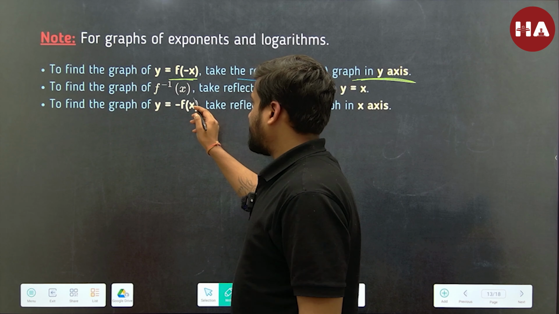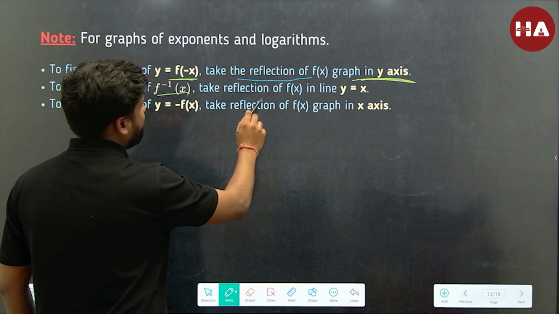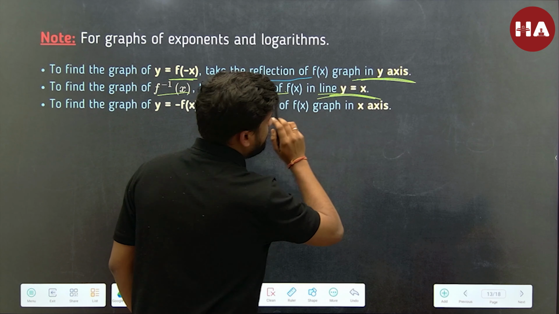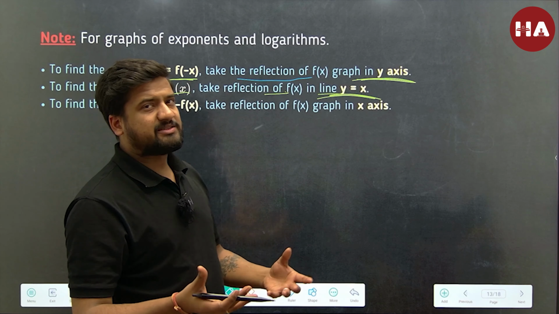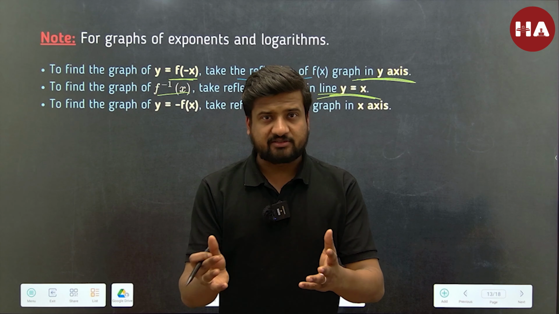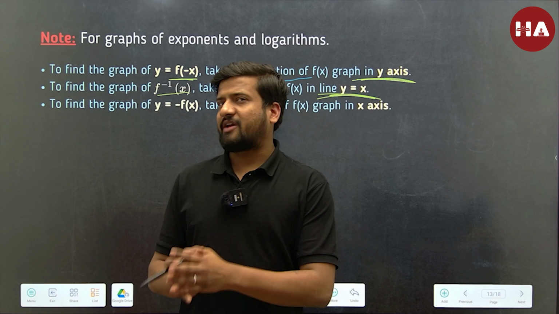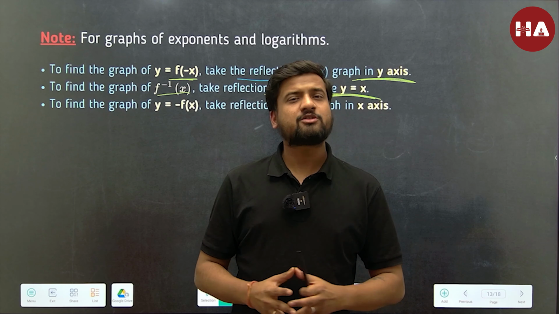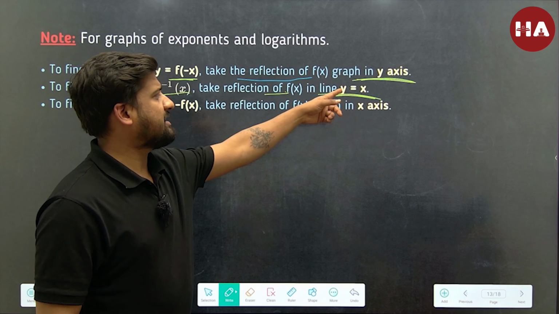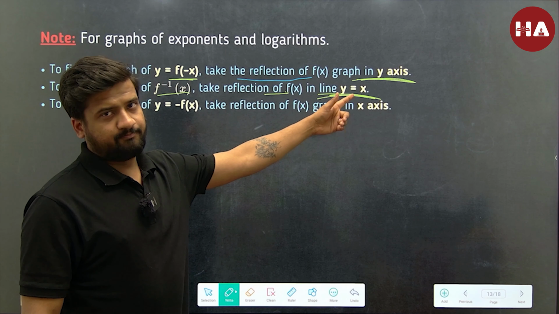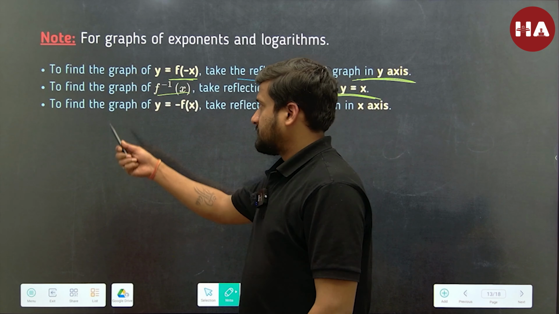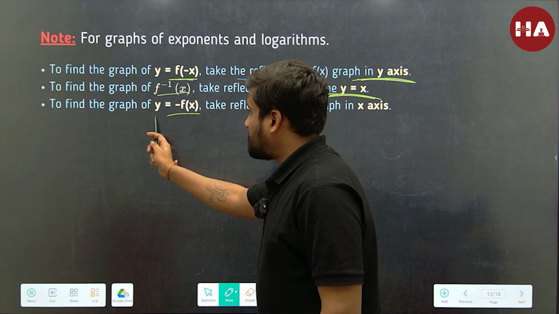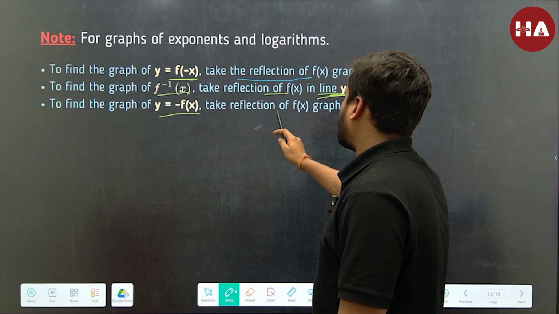To find the graph of f inverse x, take the reflection of f of x in the line y equals x. So if I have the graph of f of x and need the graph of f inverse x, I need to take the reflection of that graph in the line y equals x.